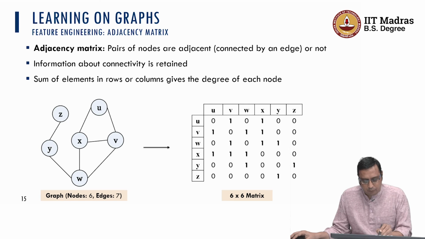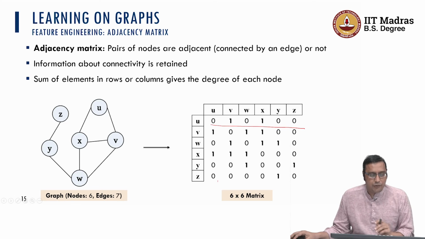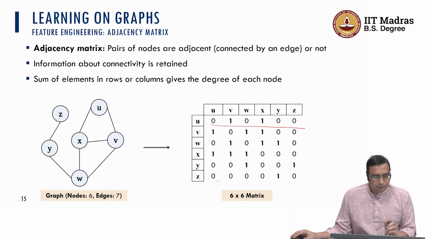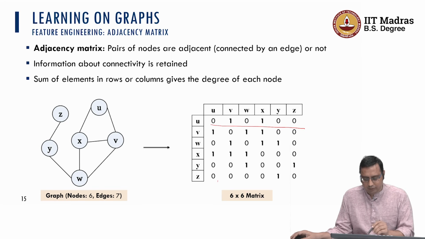So this particular row or even column provides you some kind of connectivity information also. So we have retained information about connectivity, and the sum of each element in the rows or columns gives the degree of each node, which is basically 2, 3, 3, 3, 2, 1, which we have seen earlier. So this is a good choice in some sense.